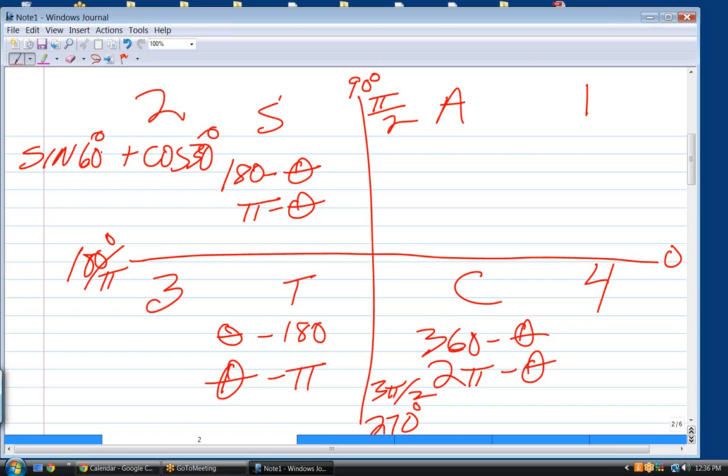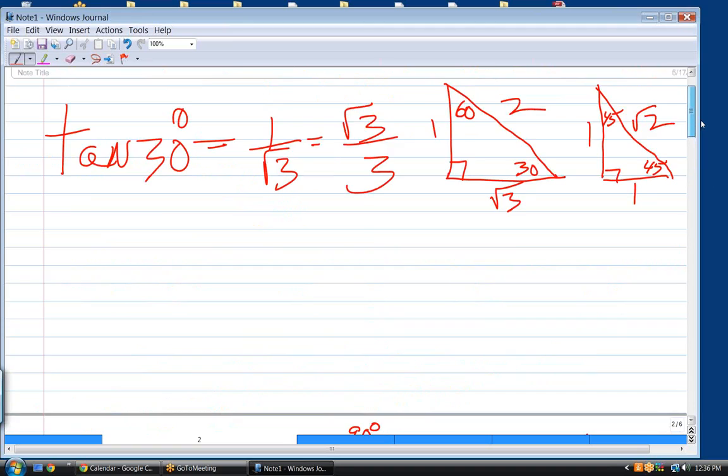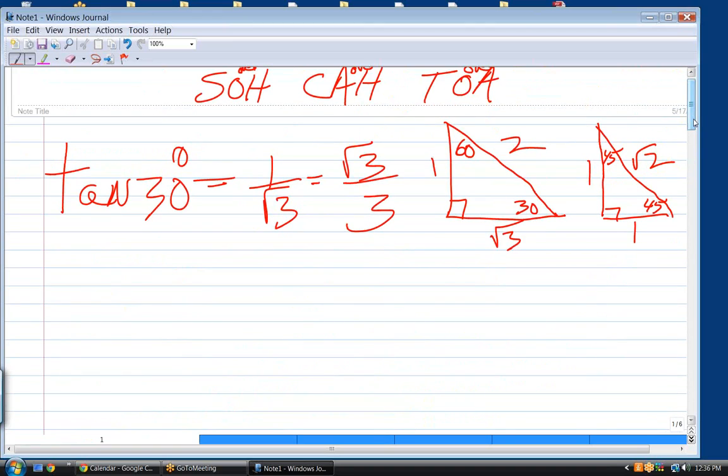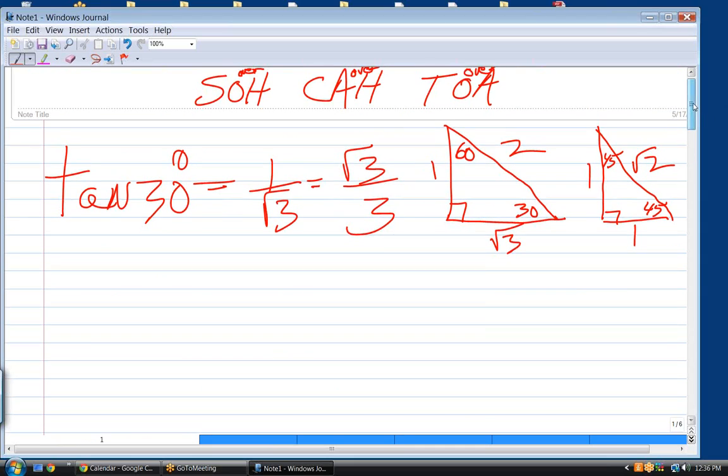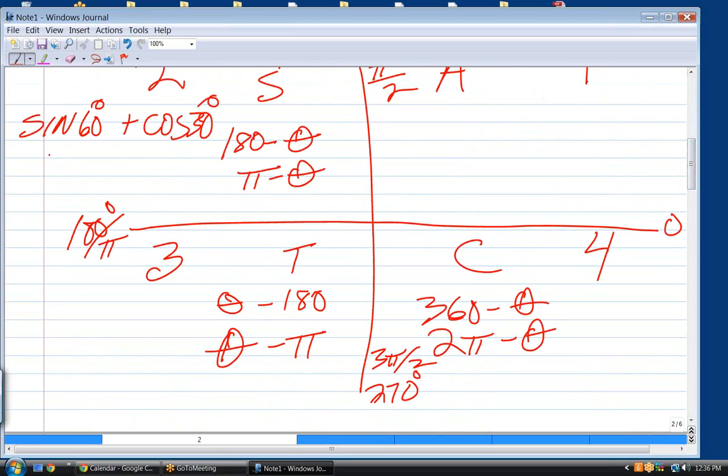So what's the sine of 60? It's 1/2. Look at the triangle again. Sorry. It's square root of 3/2. Okay, so this is square root of 3/2, and it's a plus because it's first quadrant. And the cosine of 30 is?